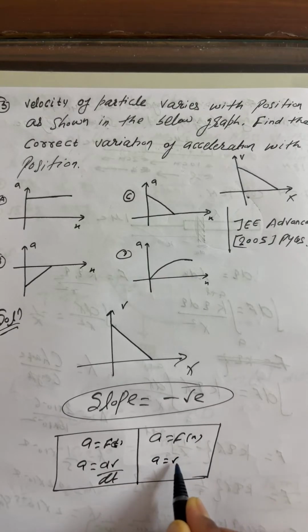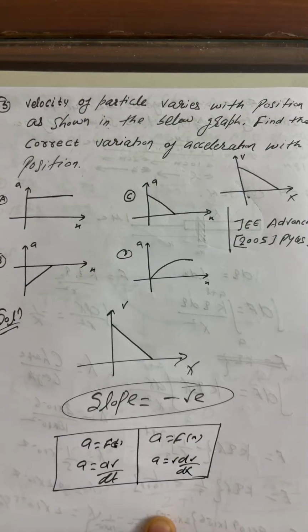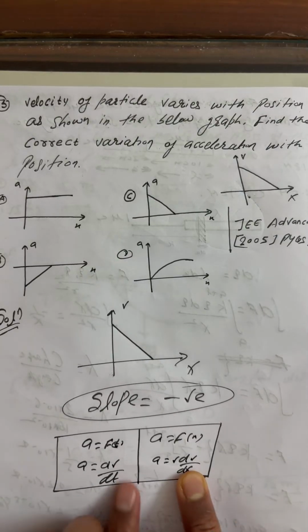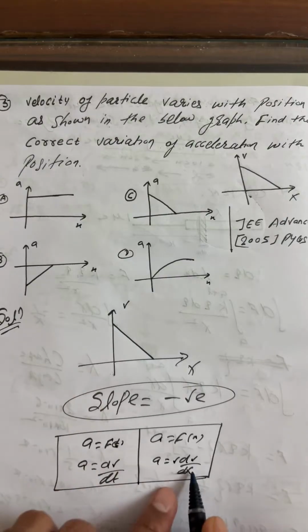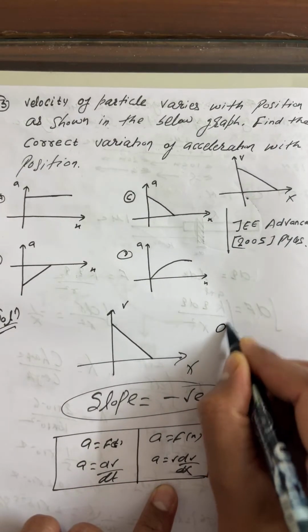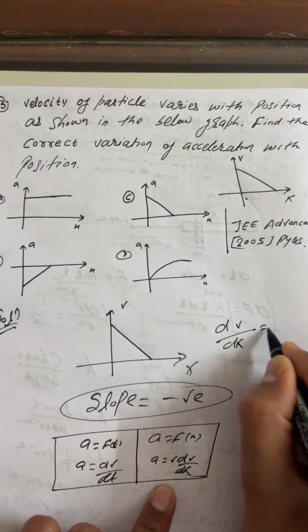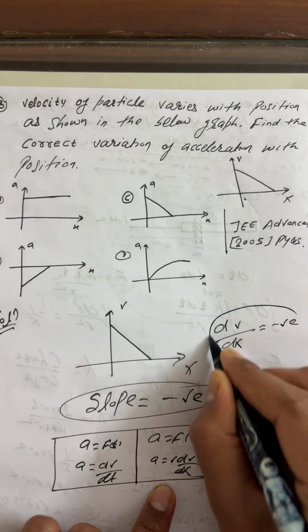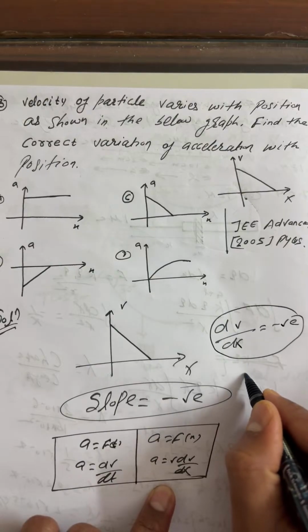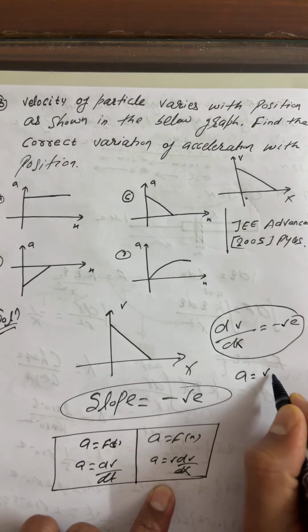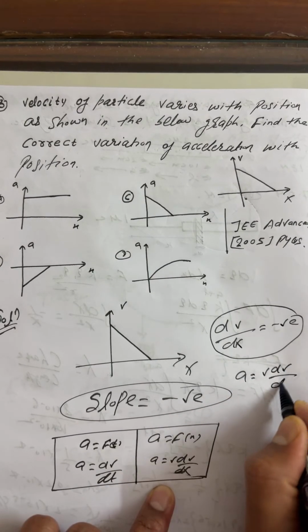What can you write? A is equal to dV by dt. If A is a function of x, then A is equal to V dV by dx. So the slope is negative. What is the slope? dV by dx. Here you will get dV by dx negative.